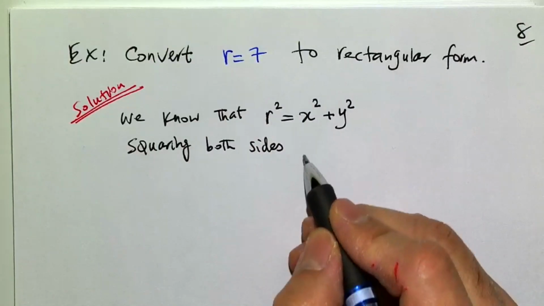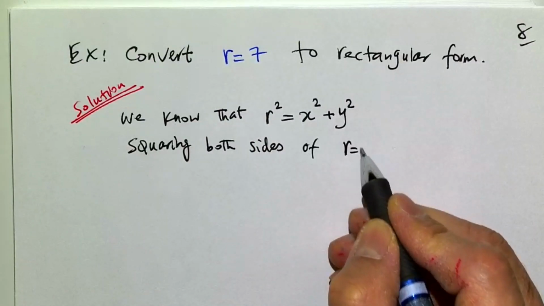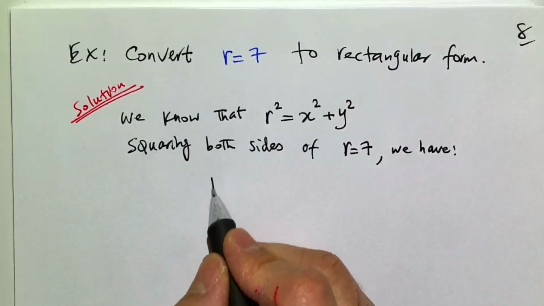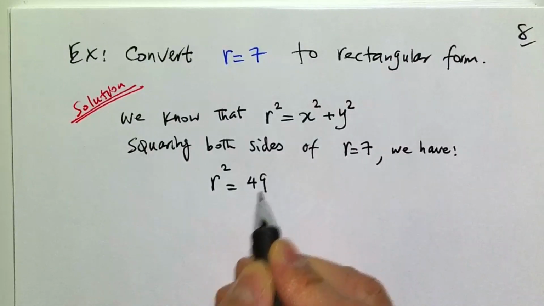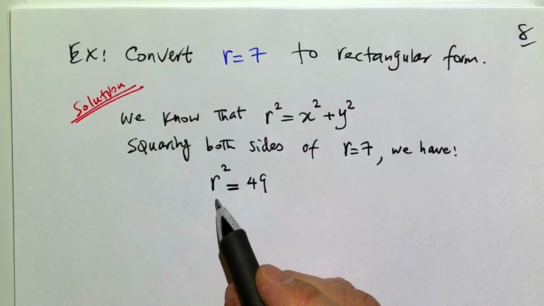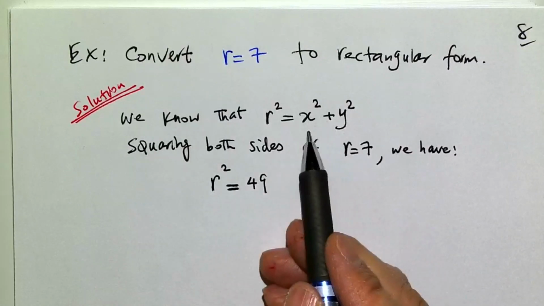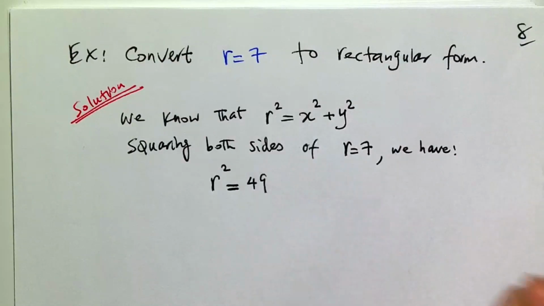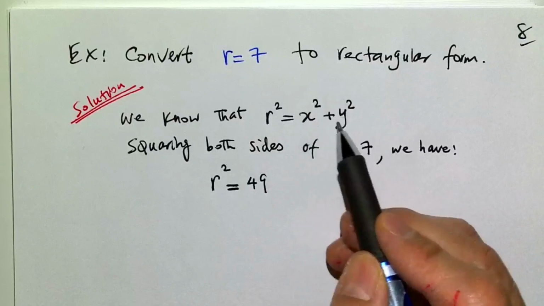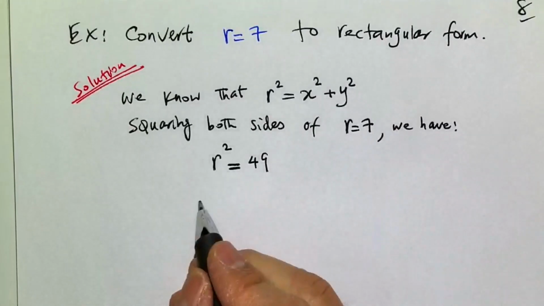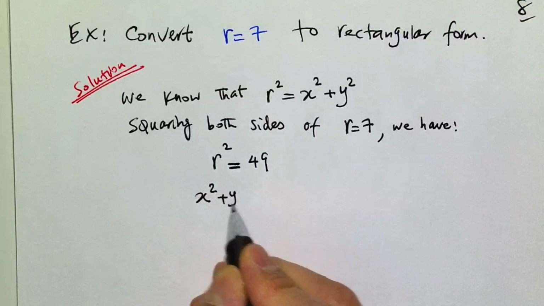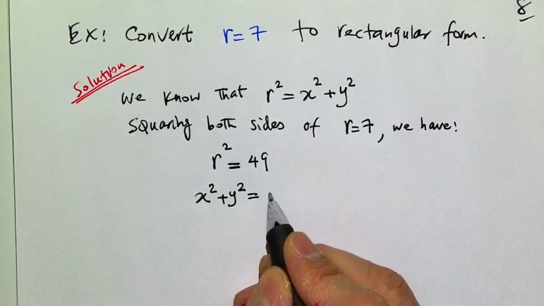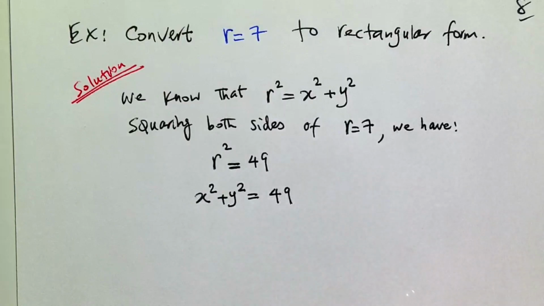Squaring both sides of r equals 7, we have r squared equals 49, right? This is much better, because now you can say, I have the equivalent form of r squared in the rectangular system, so you can just plug it in and get x squared plus y squared, which is r squared, equals 49. Right?